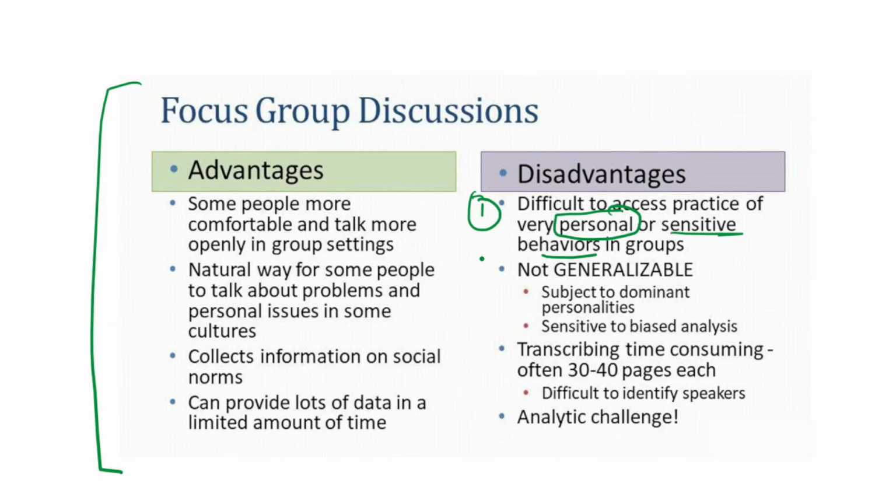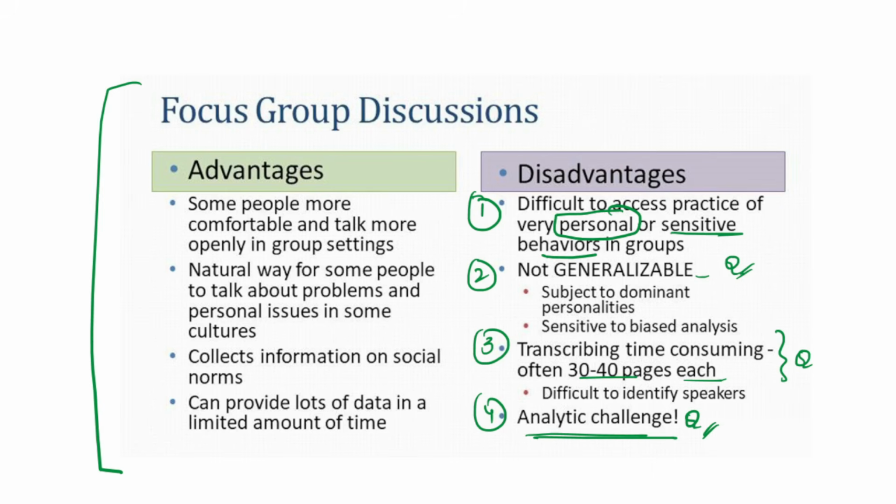The other disadvantage is that it is not generalizable. It was asked previously as a question. Then the third one, transcribing is time consuming, often 30 to 40 pages each, was also asked previously as a question. Another disadvantage is that it has some analytical challenge. So all these things have been asked previously as a question.